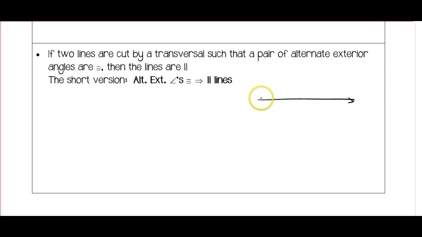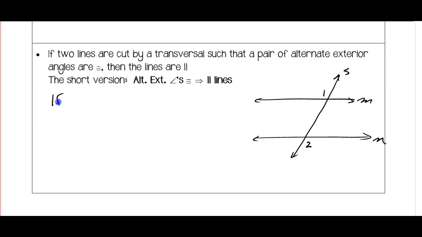So let's look at the same picture. We have line M, we have line N, we have our transversal, we'll call it S. So again, let's look at one of the two pair of alternate exterior angles.